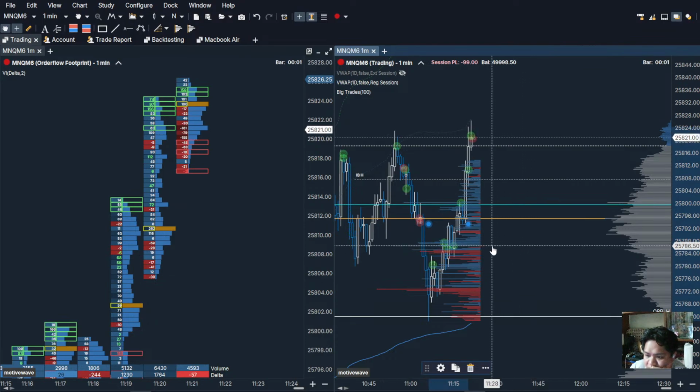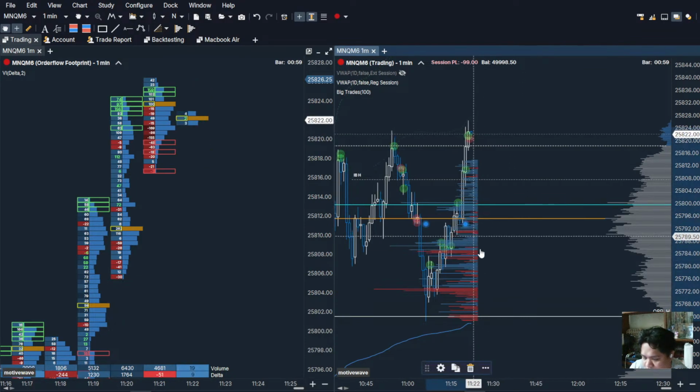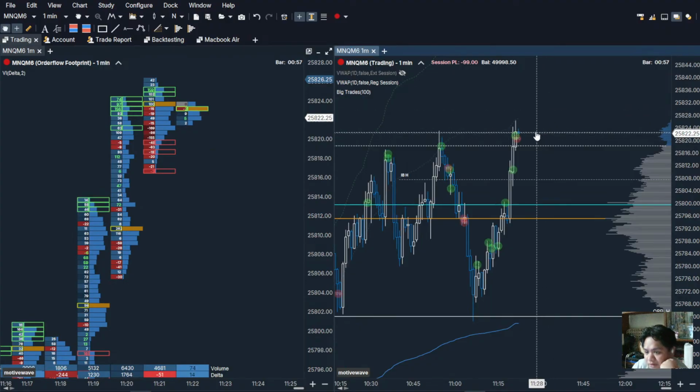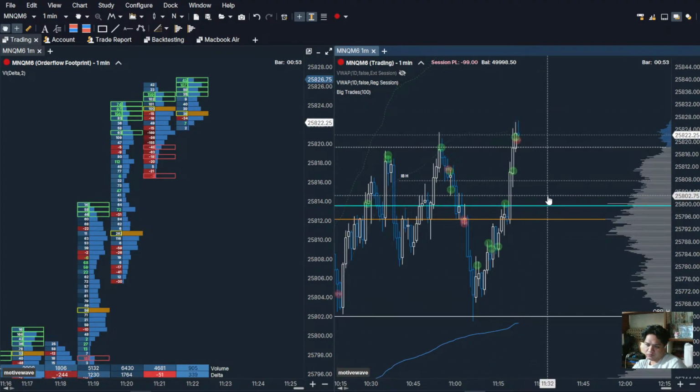There are a lot of buys here, so let's see if we can get a pullback. Another pullback, maybe that would be a setup right about there.